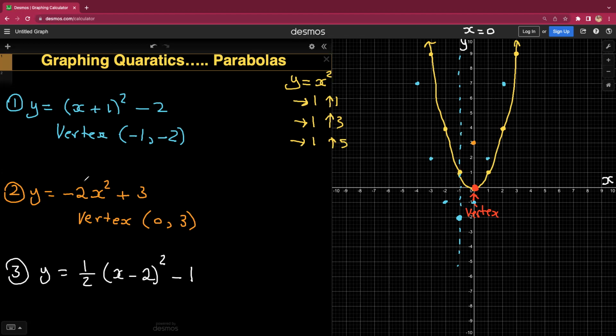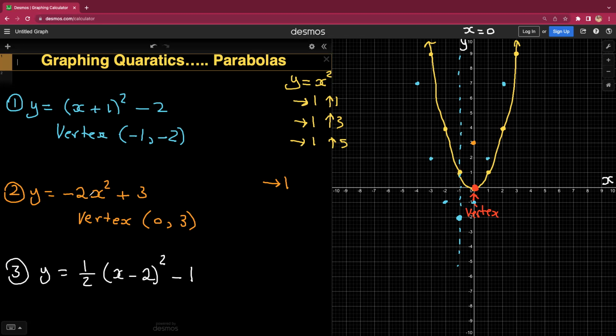However, if the a value here changes, we call this the a value, then what you do, you go out 1, but the up 1, the 1 here that's positive, we multiply it by the -2. So if you multiply it by -2, it becomes -2, which means down.